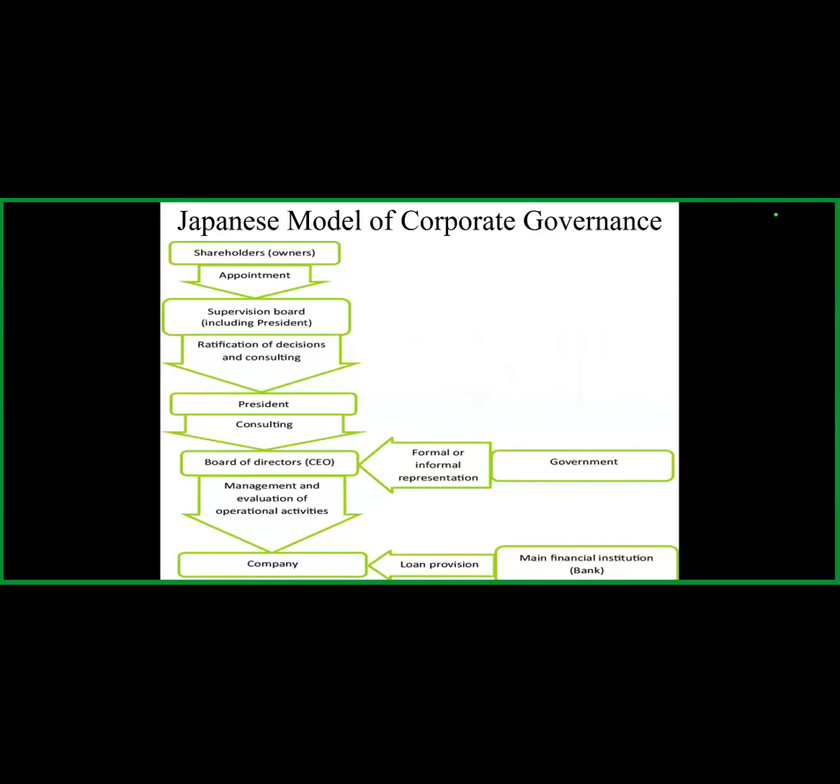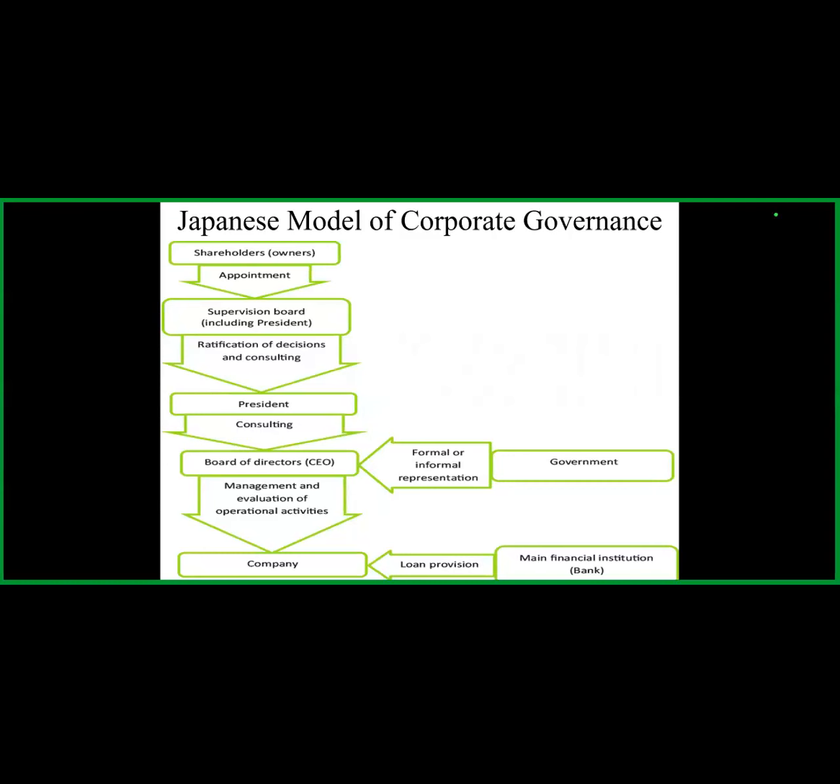Same as we had discussed in the previous session, how board of directors are appointed, how independent directors are appointed, how non-executive directors are appointed. That we had discussed. They are appointed only on the basis of their knowledge, their skill, their expertise, their previous track record.